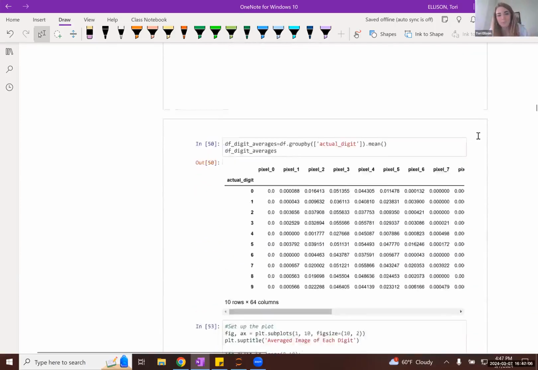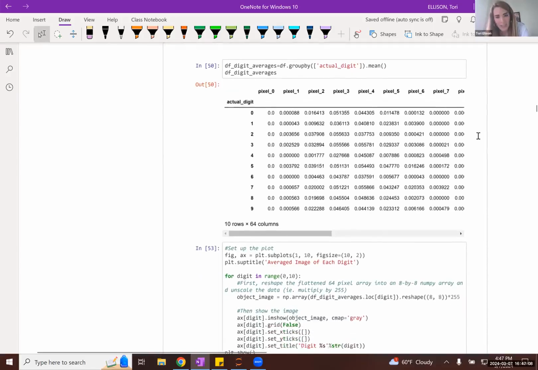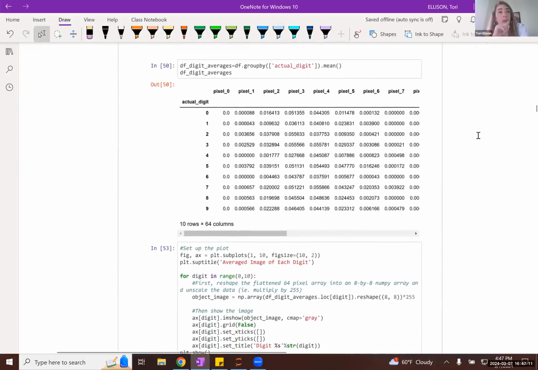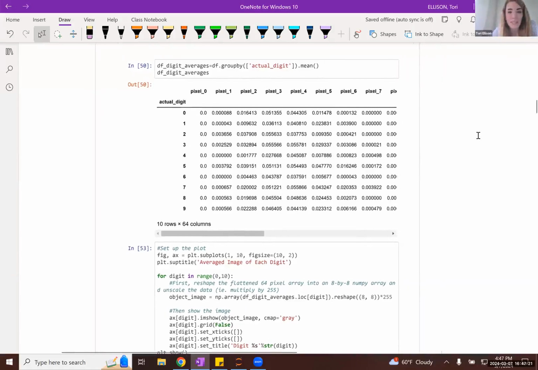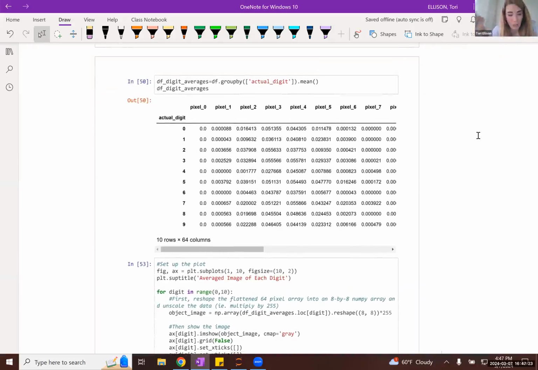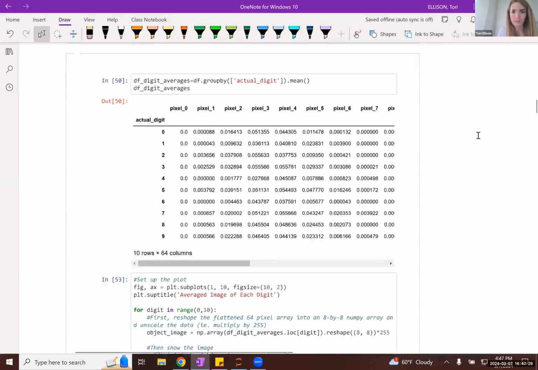And in addition, you might also want to get a sense as to how much variability you might expect to see in the images for each of your 10 digits. So one way that you can go about exploring that is by visualizing the mean of all the images for each digit in the data set.